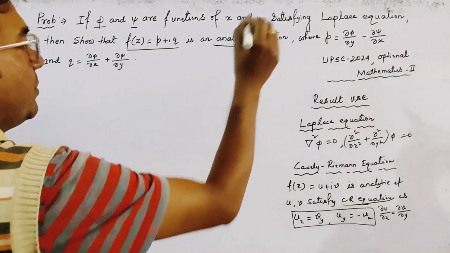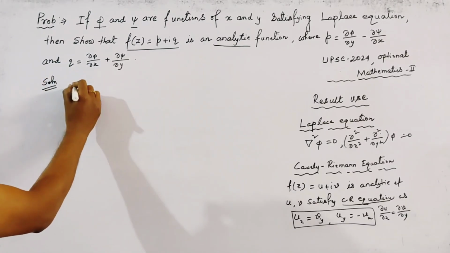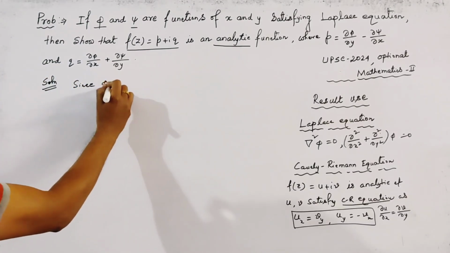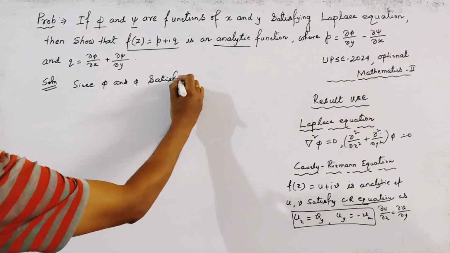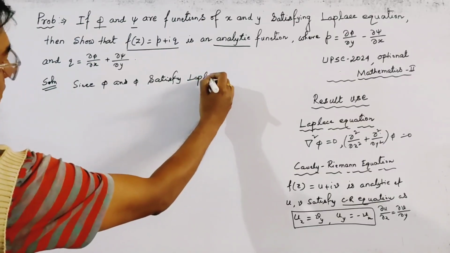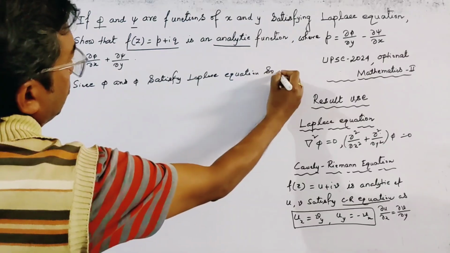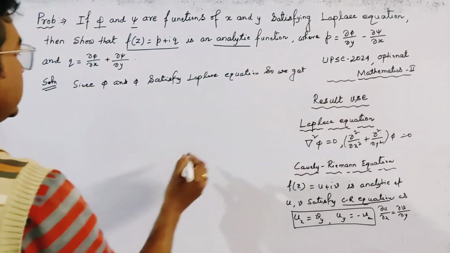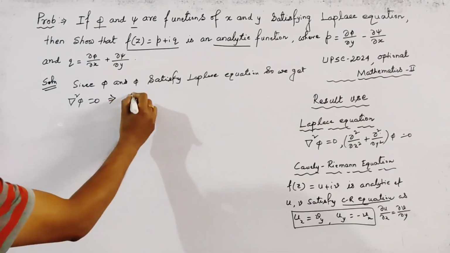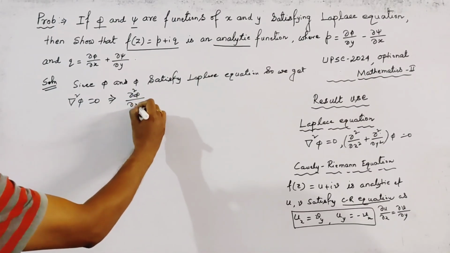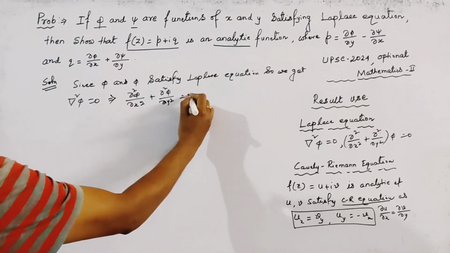So in the first line of the solution, since phi and psi satisfy Laplace equation, we get nabla square phi equal to 0, and we write it as del 2 phi by del x2 plus del 2 phi by del y2 equal to 0, and let it be equation number 1.